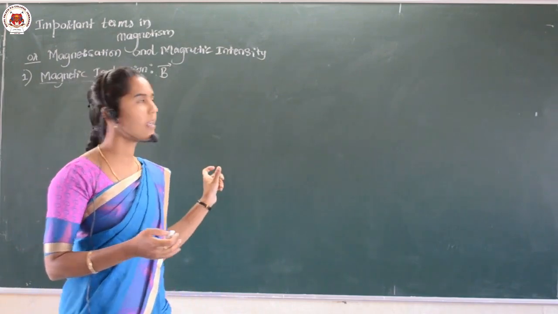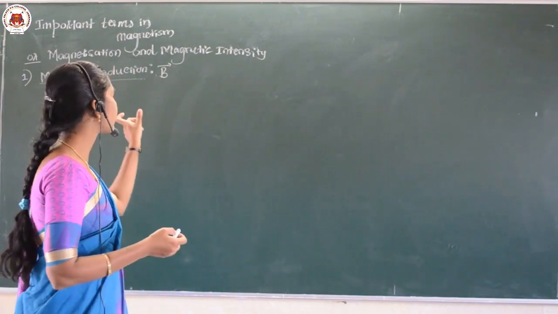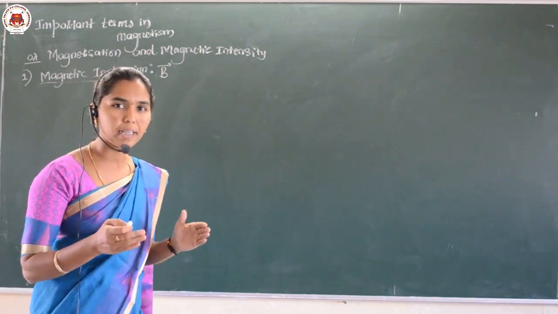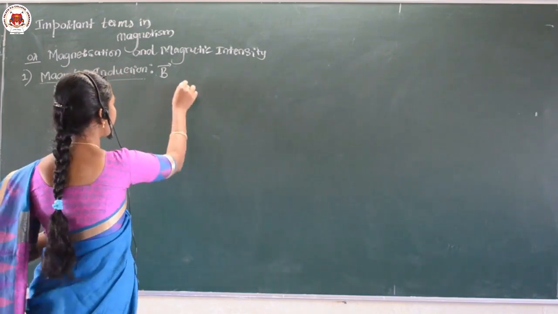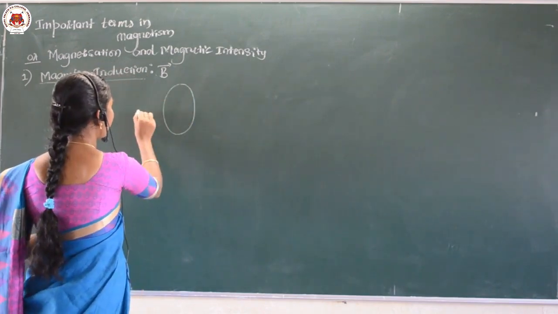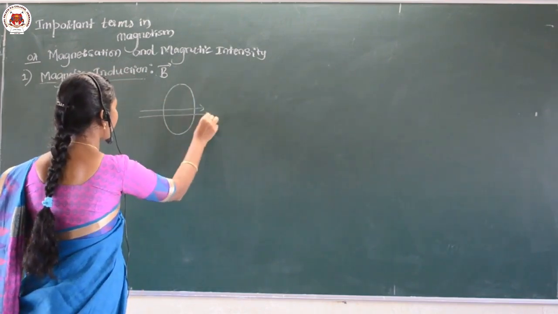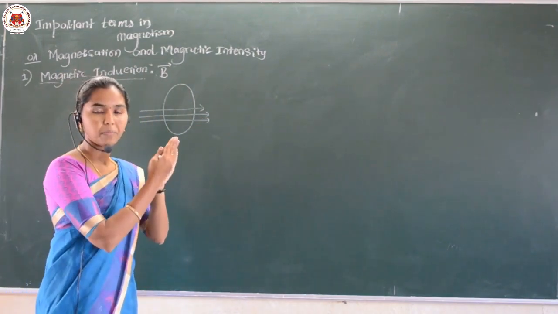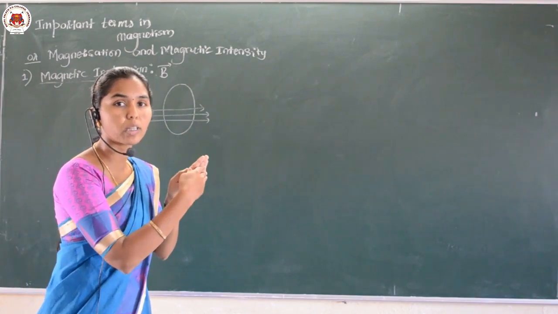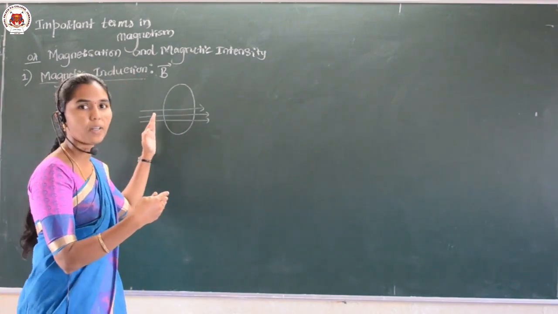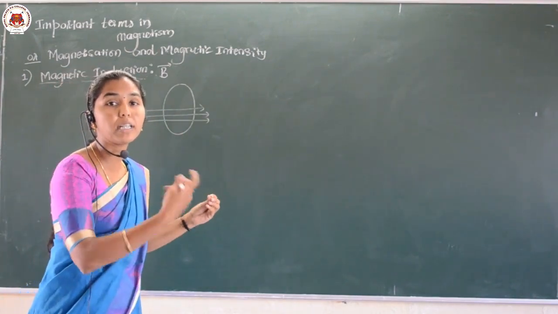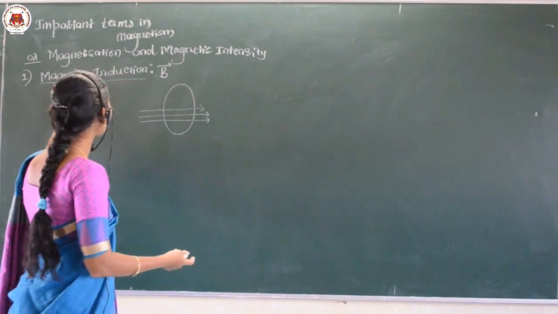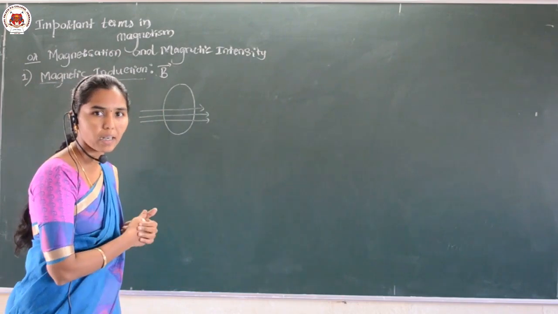Assume an area that is perpendicular to the direction of the field. The number of field lines coming out gives the magnetic induction of the material.